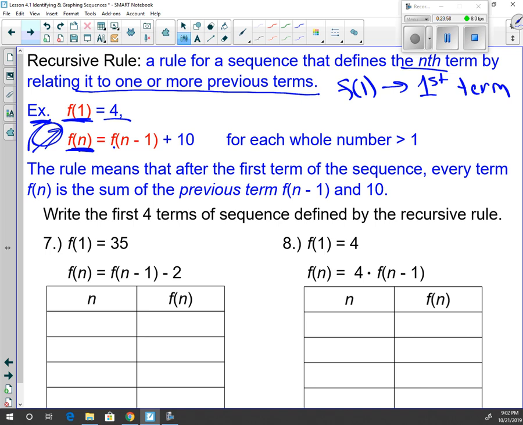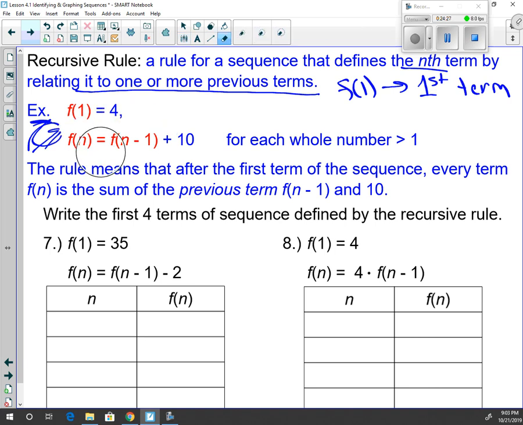If I know the first term, if I substitute 1 in for this, you will never substitute anything in here, by the way, but I'm just talking you through this. If I do put in 1 here, right, 1 minus 1 is 0. I'd be talking about the term before it. But if I want to find the second term, then I would need to subtract 1 from that. So the second term would be the first term plus 10.